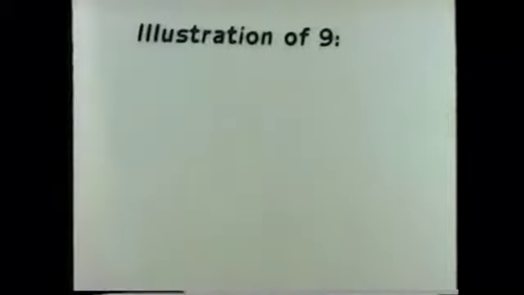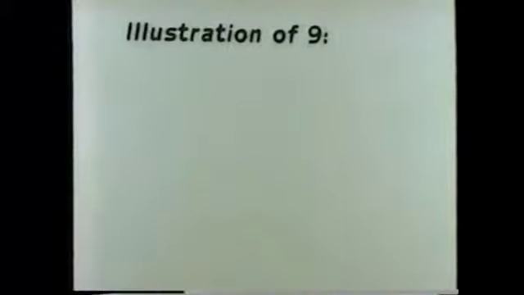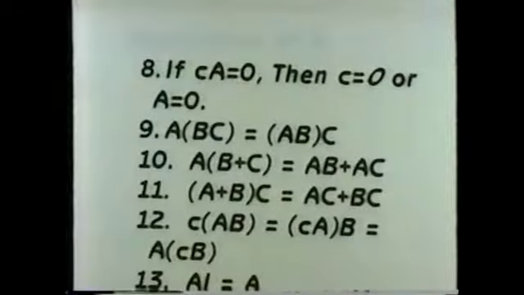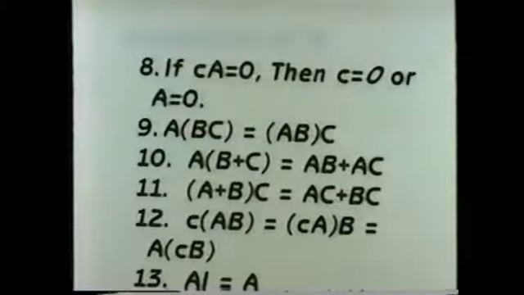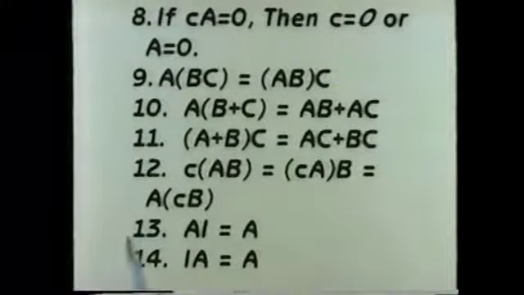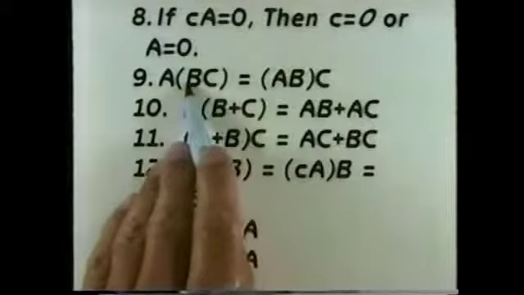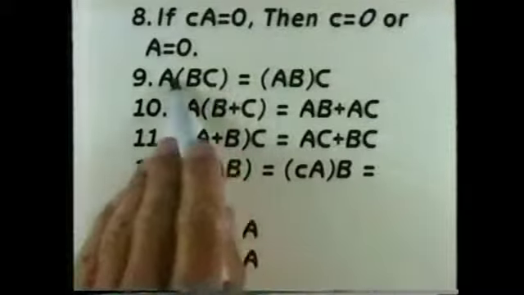Now I want to do an illustration for you. An illustration is when you do an example trying to convince yourself that it's true. And let's look at an example, an illustration of property 9. Property 9 is just that matrix multiplication is associative.